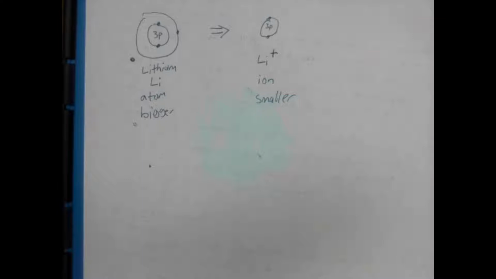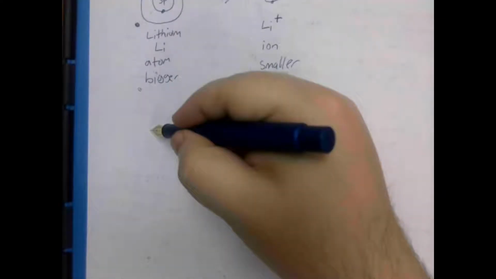All right. Let's look at fluorine. So fluorine, 2 electrons here, and 7 electrons here.